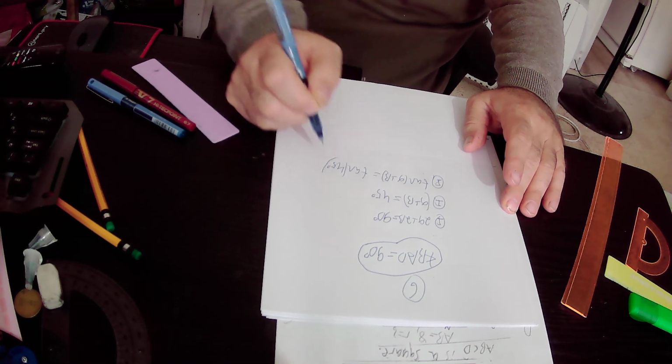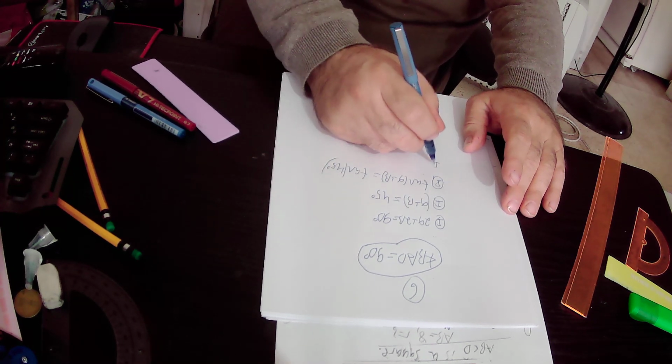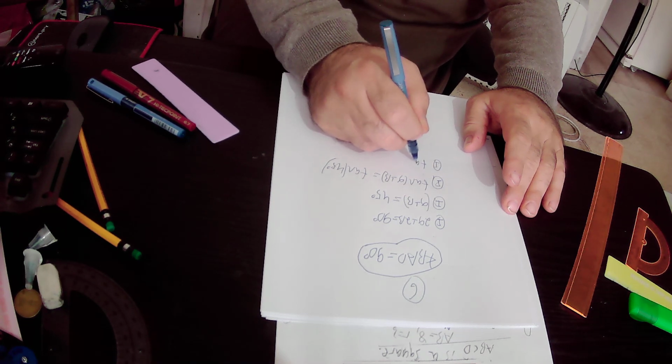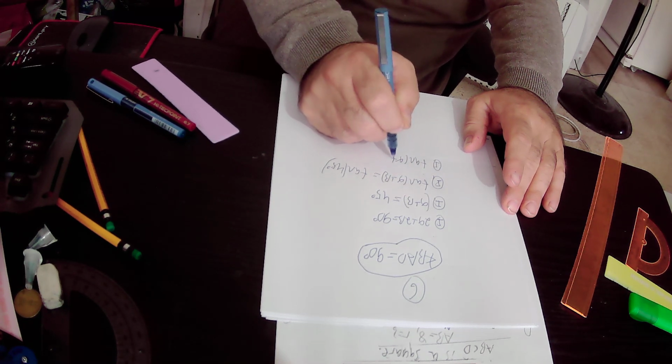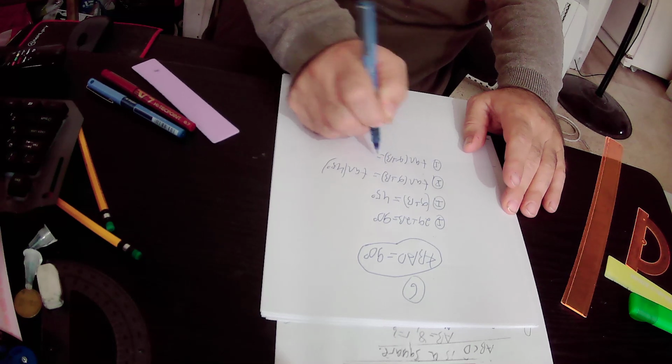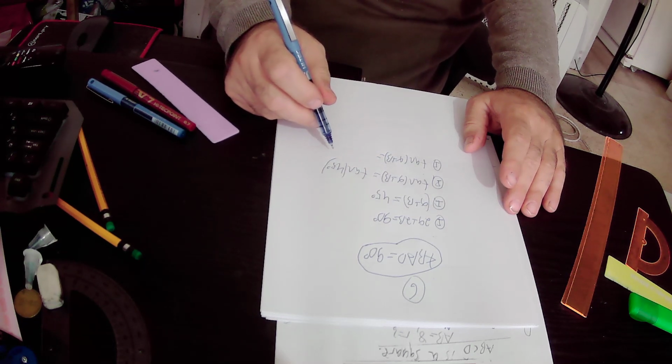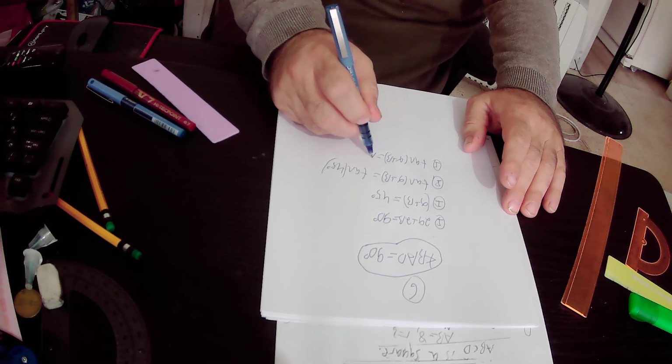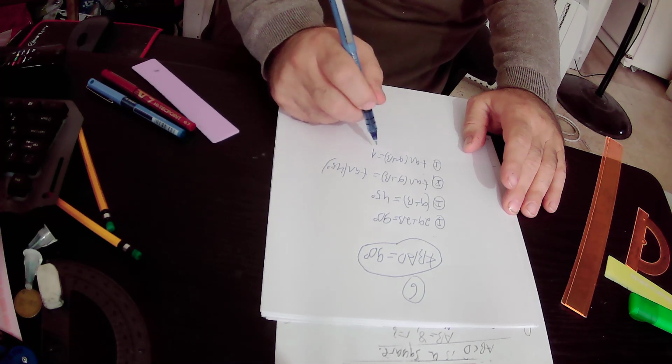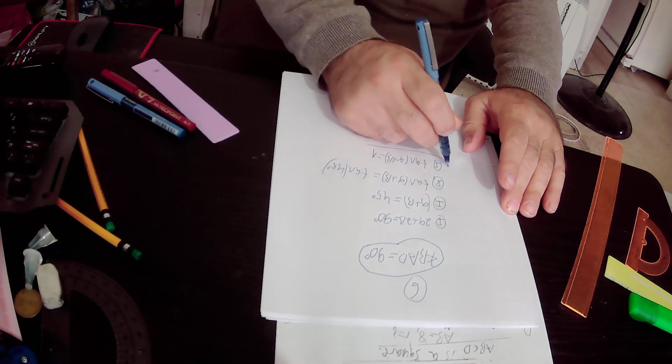Tangent of 45 degrees is 1, so we got that tangent of alpha plus beta equals 1.